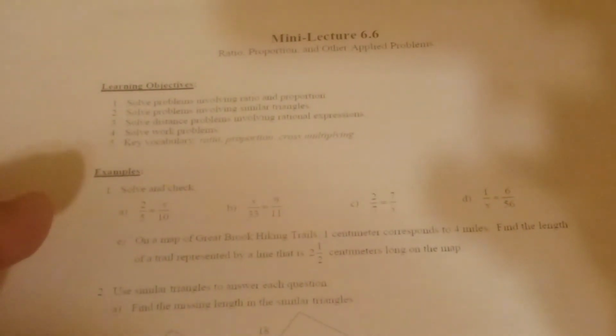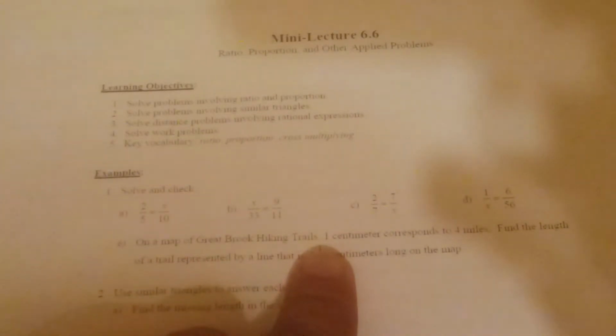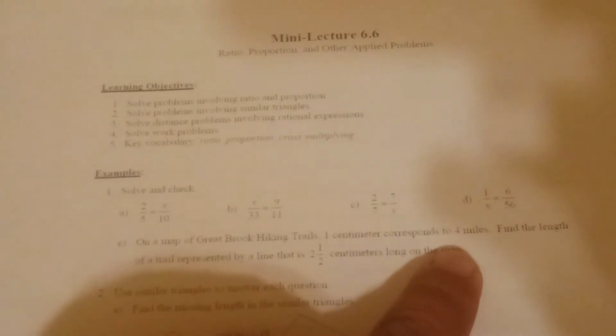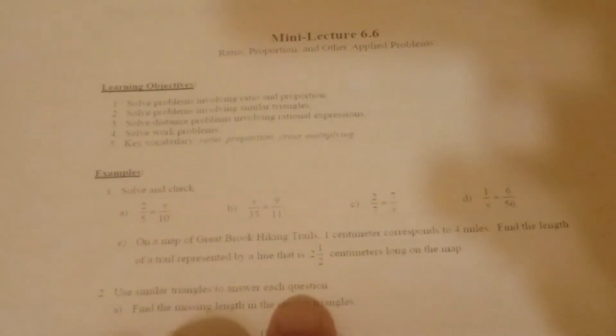Sometimes ratios will also be known as scaling. In this particular case, it's telling you that 1 centimeter on the map will correspond to 4 miles, and they want to find out how many miles is represented if you have 2.5 centimeters.